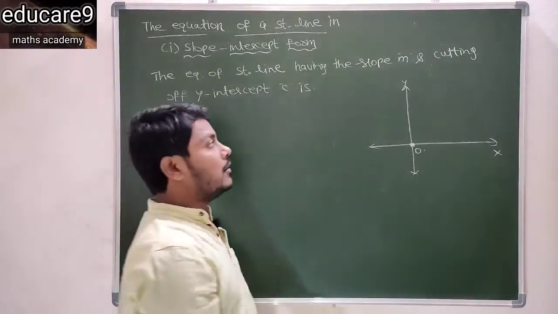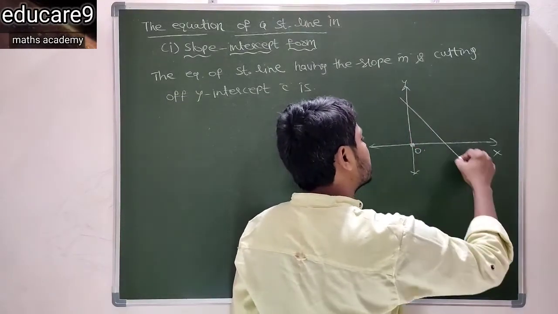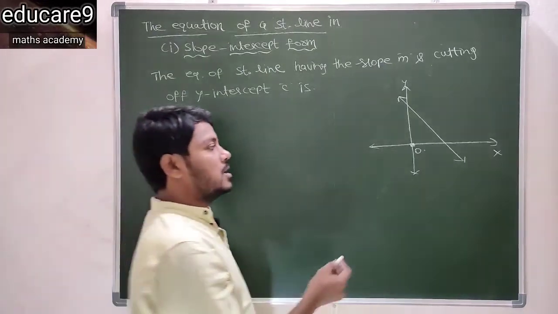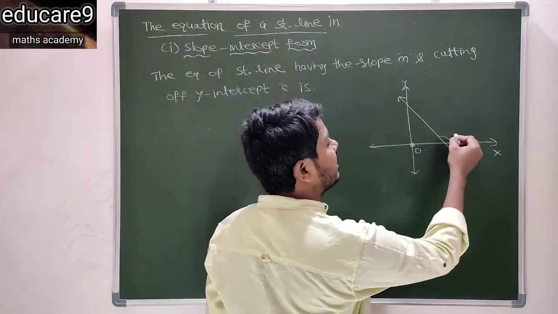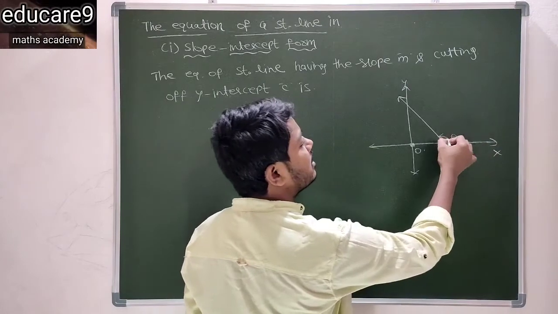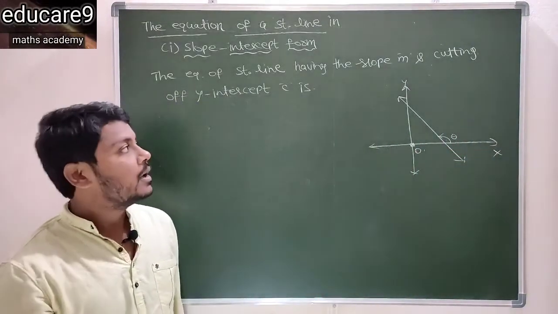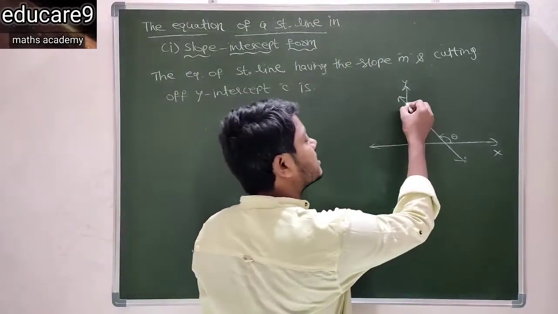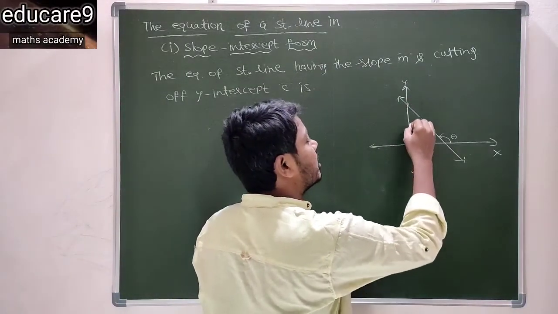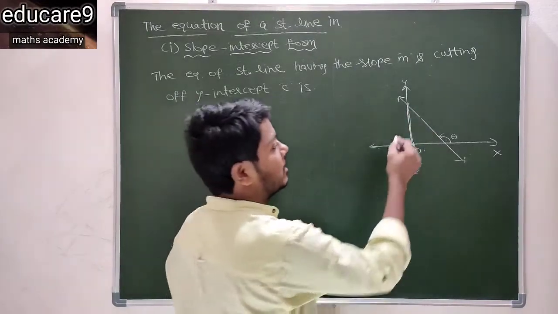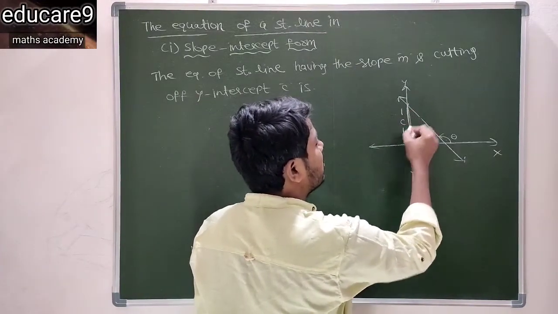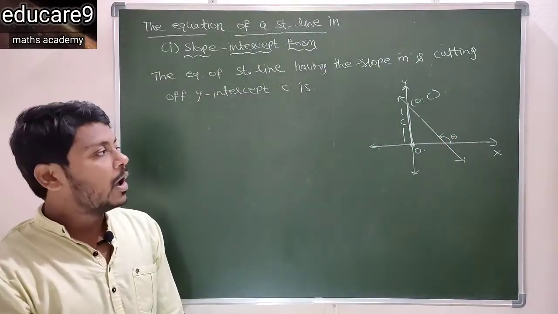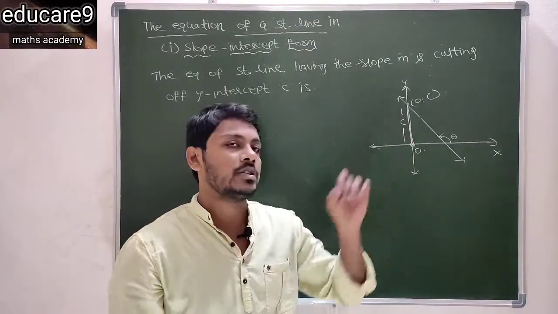Suppose this is a straight line having the slope m. Suppose this line makes an angle theta with the positive direction of the x axis, then tan theta is called the slope. And it cuts off y intercept c, so this intercept is given. This is the y intercept, c is given, so this point is (0, c). Now you need to find the equation of this straight line.